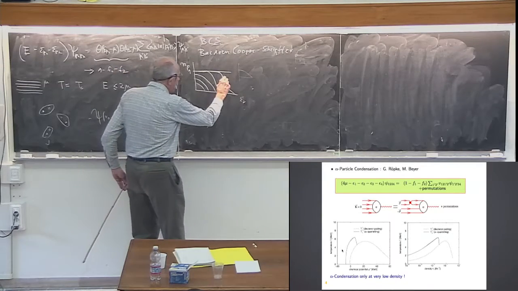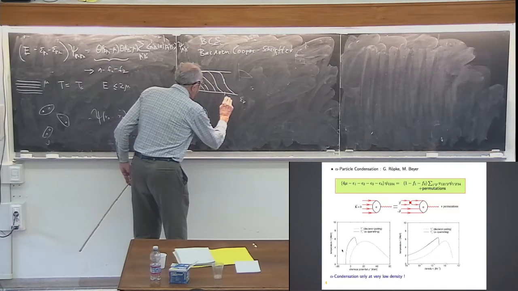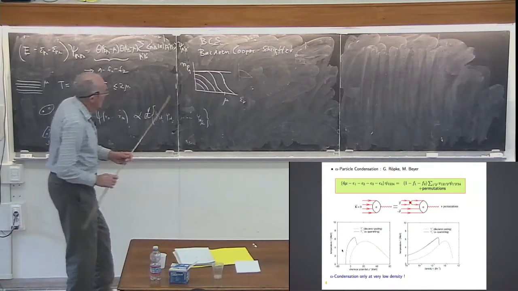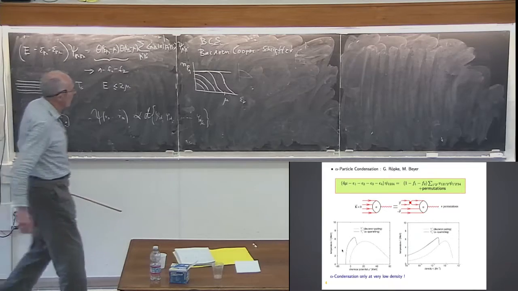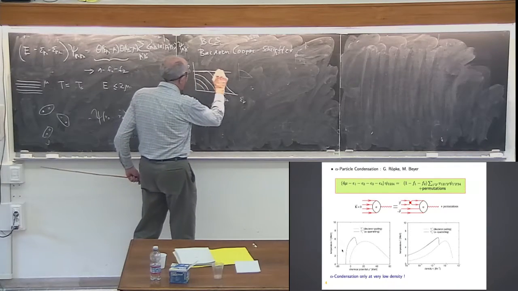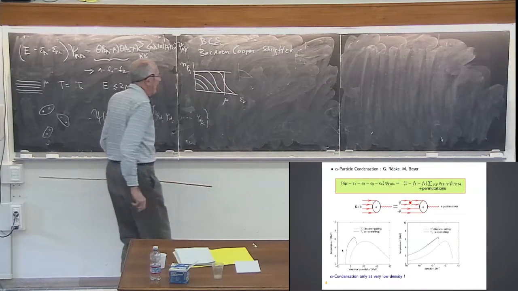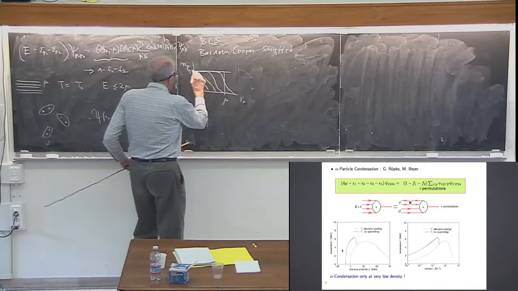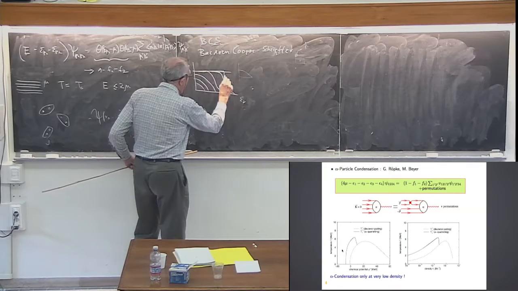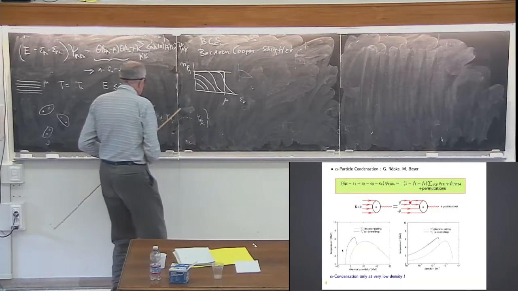Here's the chemical potential essentially. This is where the correlation shows up with respect to a pure step function which you have in the non-paired case. This is the non-paired case.